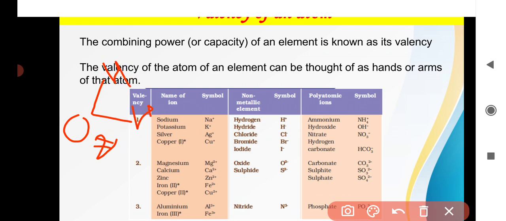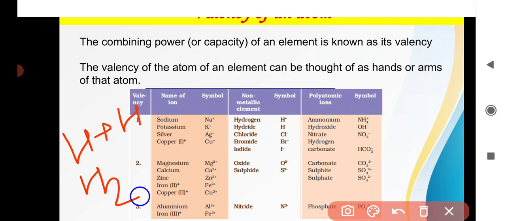So in water, H2O, oxygen is combined with two hydrogen species, whereas hydrogen, when combined with hydrogen, forms H2, and its capacity to combine with itself is 1. That means its valency is 1.